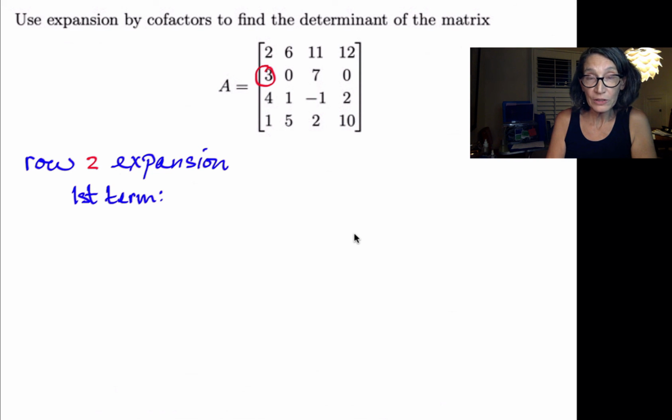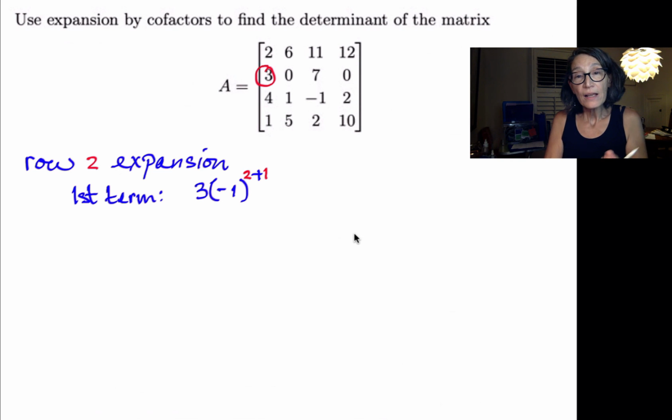That 3, the first entry in the second row, is the a_21 term. So that means it's going to be 3 times negative 1 raised to the 2 plus 1. So it's going to be a negative 3 in the first term. And then after that, we're going to alternate in sign.